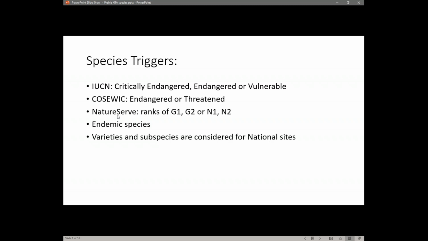The species are also triggered by NatureServe ranks, either globally or nationally. I also have endemic species in my list, and varieties and subspecies are also considered for national sites. Originally we had identified a huge long list of all species in the prairie regions that would trigger a KBA using these ideas.